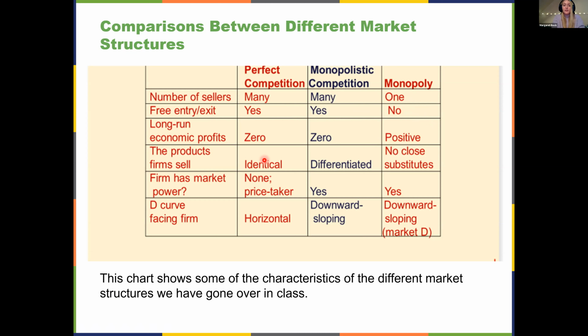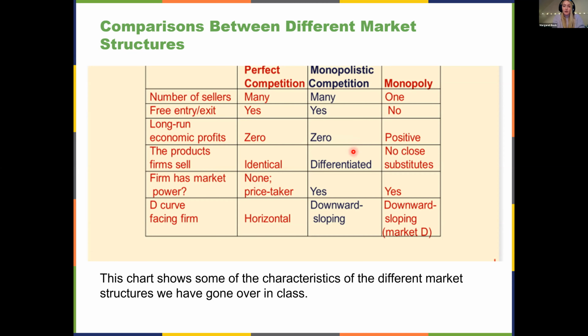Now, here's where perfect competition and monopolistic competition differ tremendously, and it's the type of product that the firm sells. Again, in perfect competition, all of the firms are selling identical products. There are no differences at all between the type of product that these firms are selling.